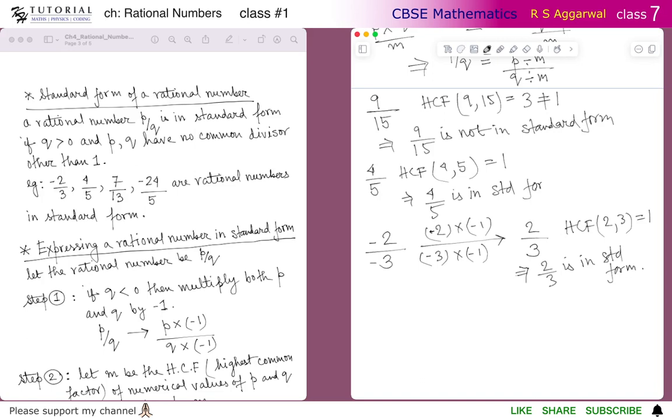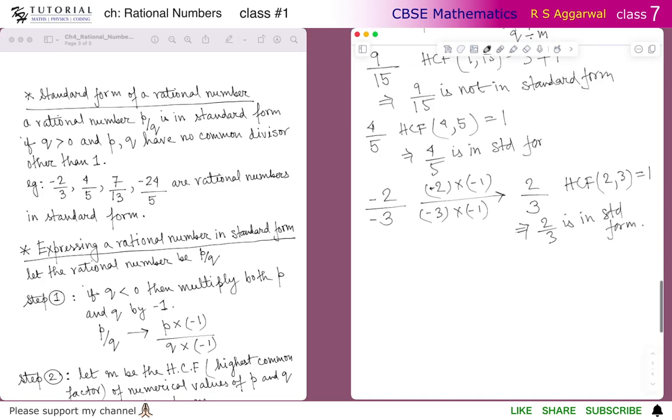Then the denominator will become positive, and it doesn't matter whether the numerator is positive or negative. So this is the concept: in standard form of a rational number, we always have the denominator positive, and there should be no common divisor of the numerator and the denominator.